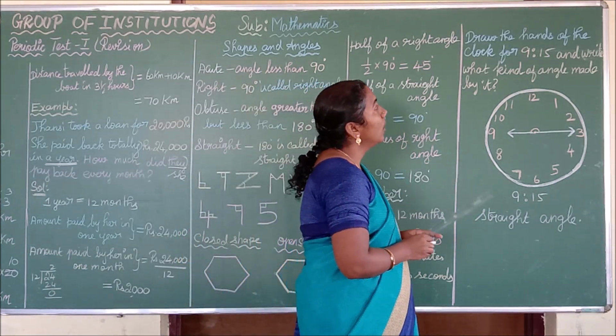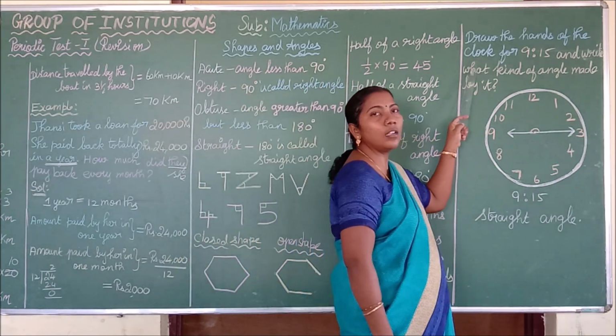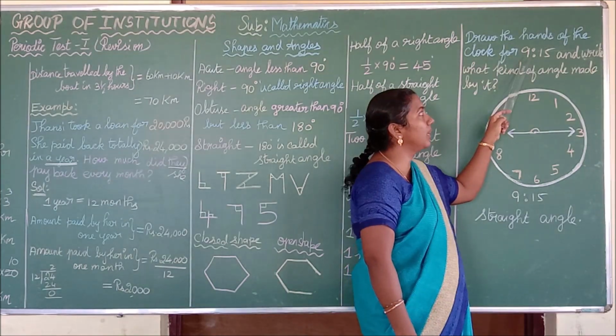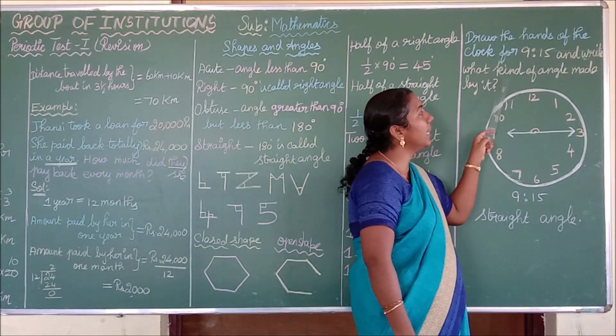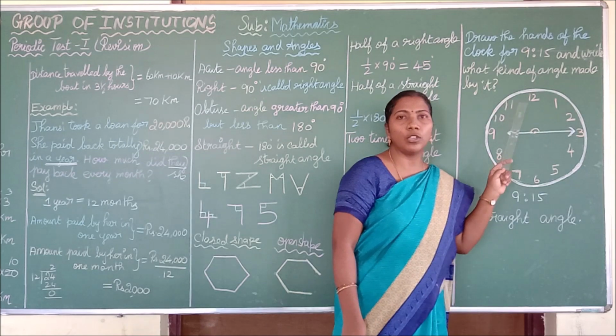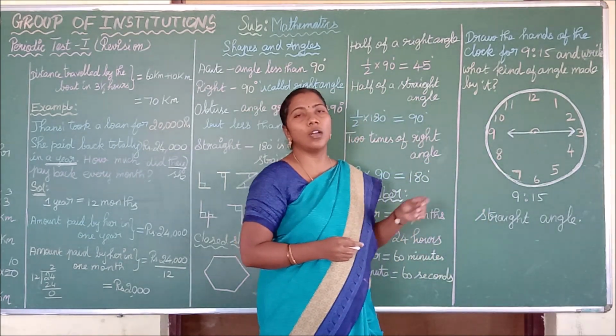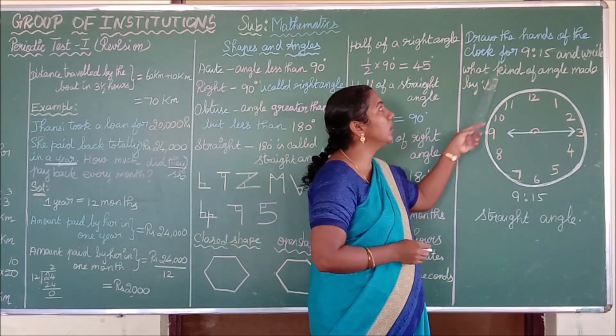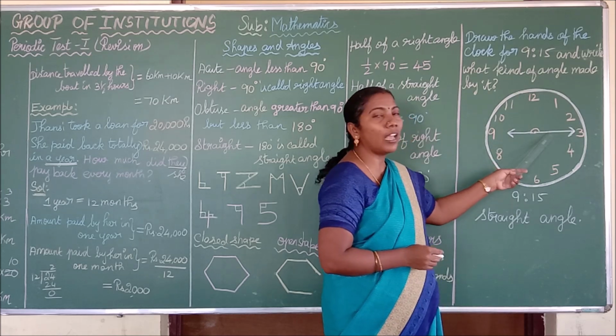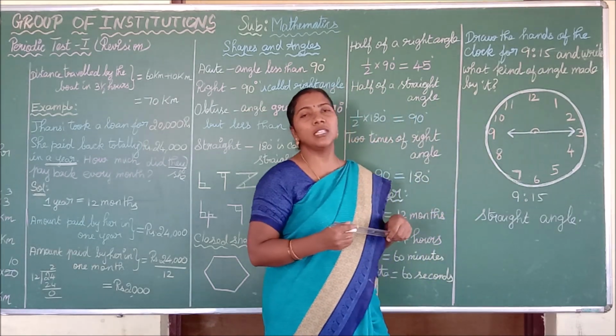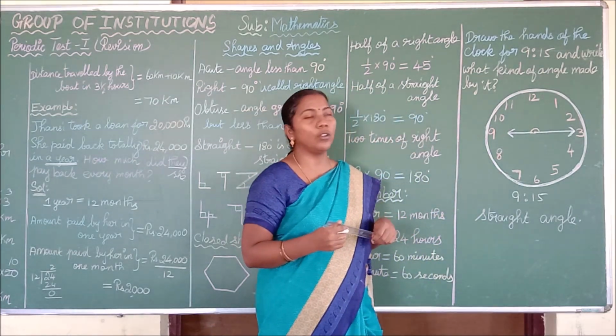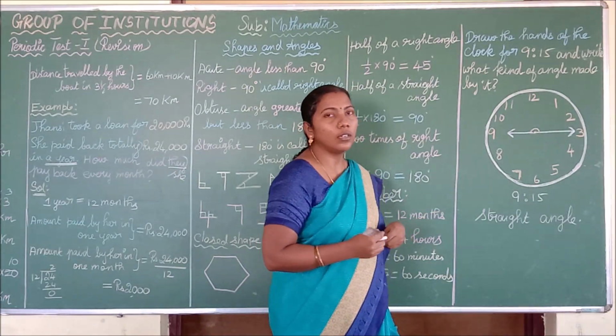Read the question. Draw the hands of the clock for 9:15 and write what kind of angle is made by it. For that you have to draw the clock and draw the hands of the clock for the given time. What is the given time? 9:15. Now we are going to draw the hands.